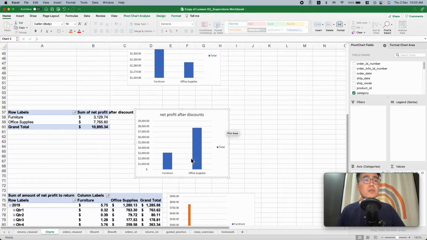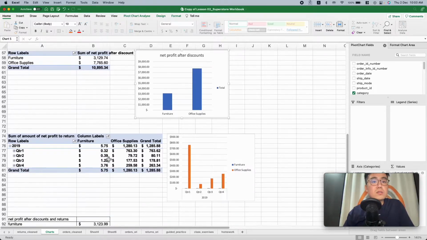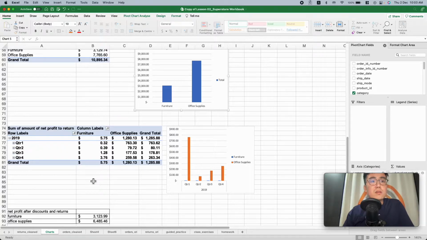From there, it is assumed that the company will have a profit of $10,800 or $900. However, there are returns of orders.